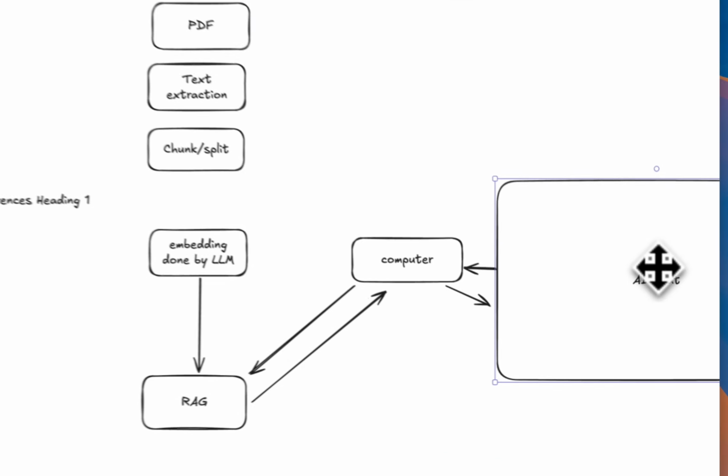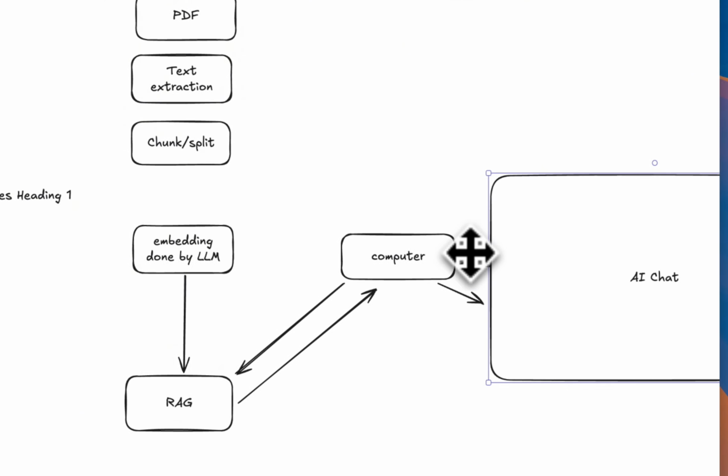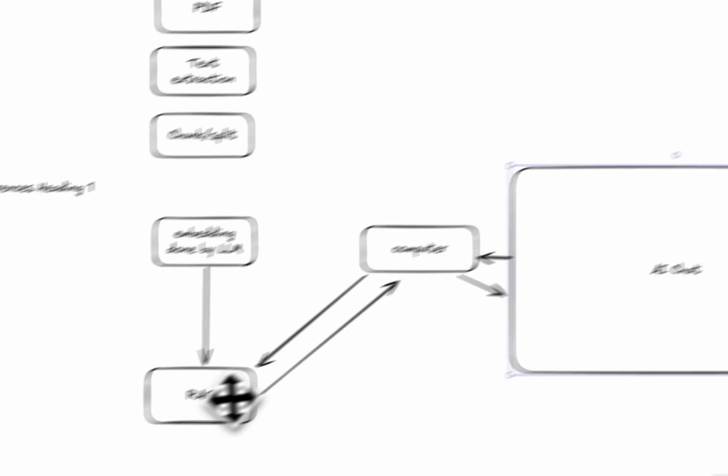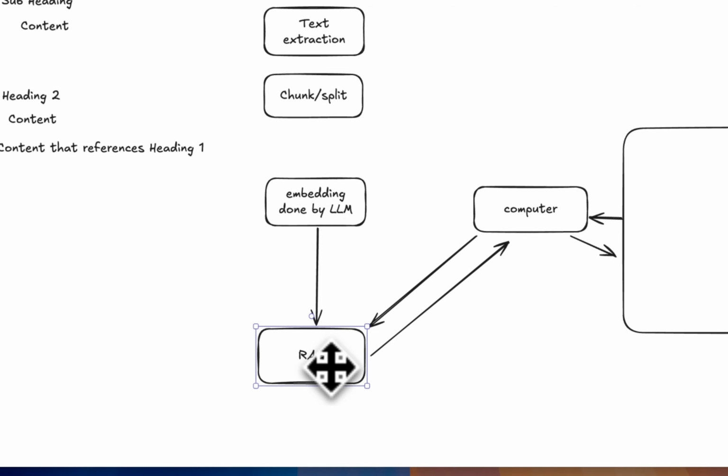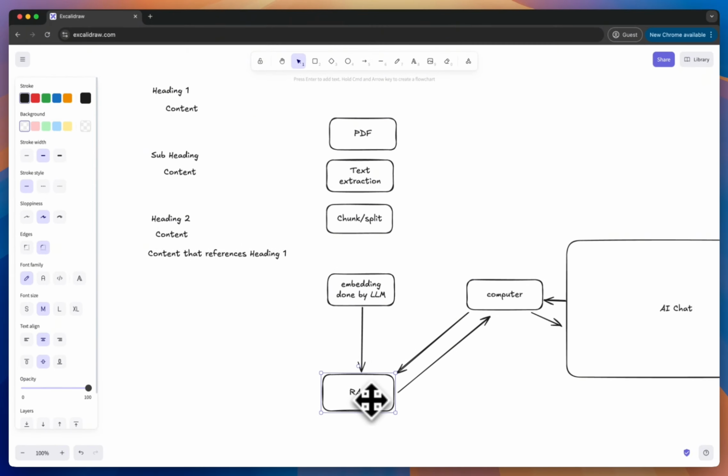Because think about it, if the AI chat here is a librarian, and RAG is a library, right? Obviously it will be easier for a librarian to find their way through the books if they have a certain catalog, an indexed catalog that they can use to find the books that you need to answer your question, right? Because let's say if they just have a catalog, okay, maybe they can see the book names. That is nice, but it's still not as helpful to find something, right?